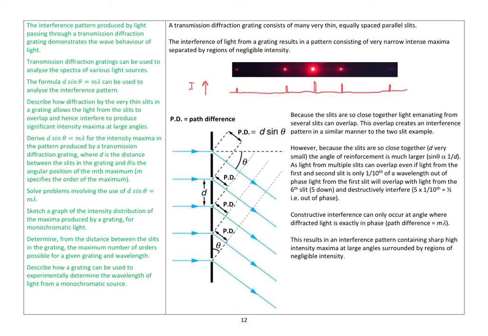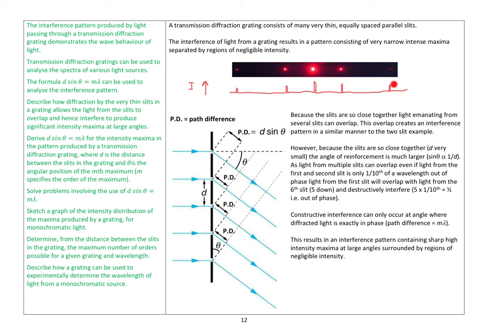That's what the intensity distribution would look like, and I'll explain why we get that. In fact, I'll explain it now, and then I'll do the proof of m lambda equals d sine theta, which is the other important thing we need to derive.